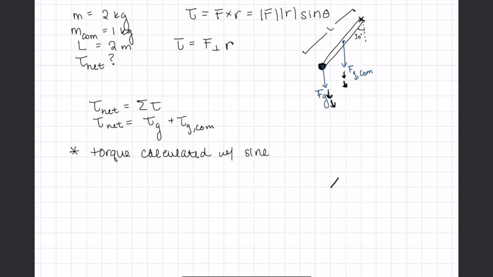Let's see, so this would be our length, or just our lever arm, keeping it a little bit general. And then since both of these forces are pointing straight down, I'm just going to draw one force vector and keep it general and just call it F. And then we obviously know that we're going to be plugging in different lengths for that R, but just so that I am following the formula.